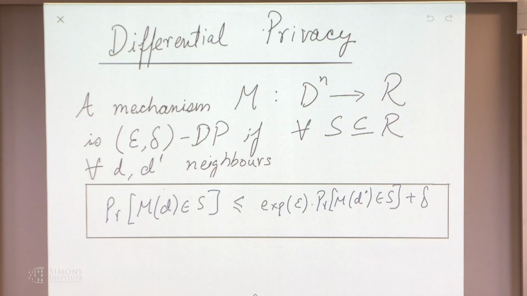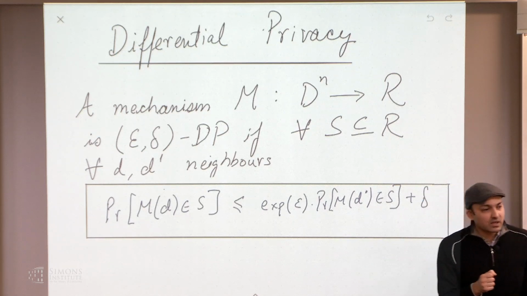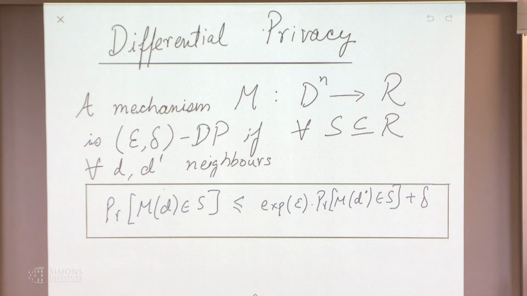For the most part, we will imagine each person contributing one row to the data set, but there's nothing in the definition that requires that to be the case. In fact, some of the work I'll talk about will have the property that one person contributes some large chunk of data. We'll have to redefine the notion of neighborhood in that case and still get privacy.